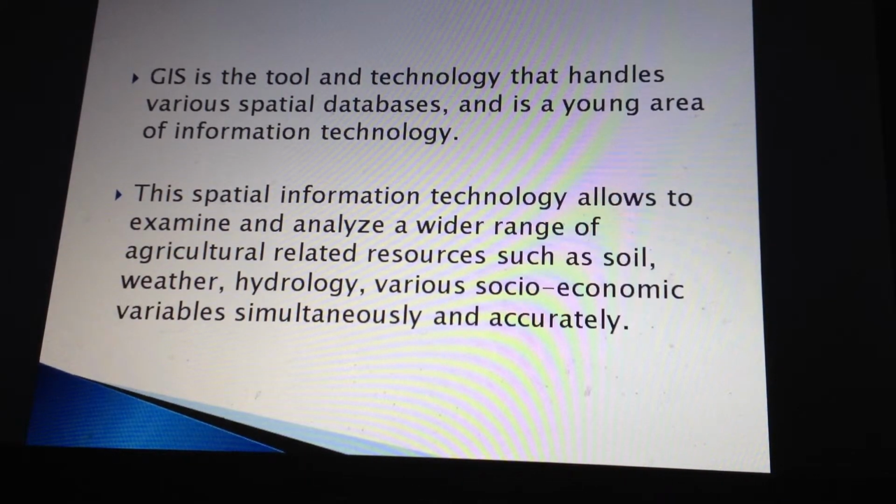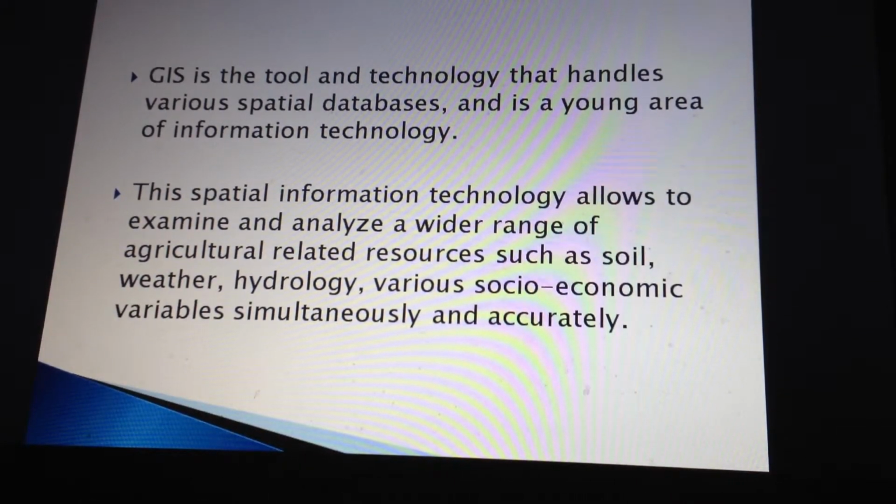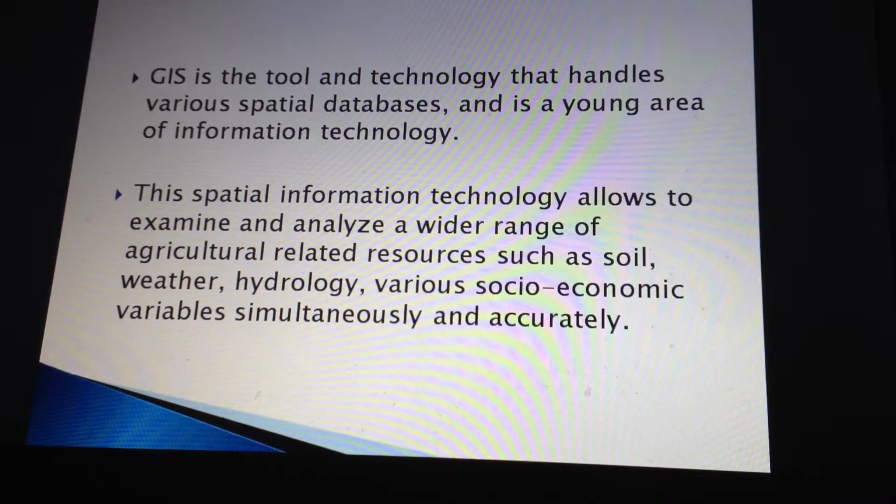GIS is the tool and technology that handles various spatial databases and is a young area of information technology.